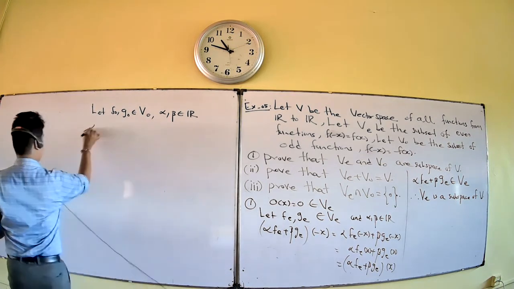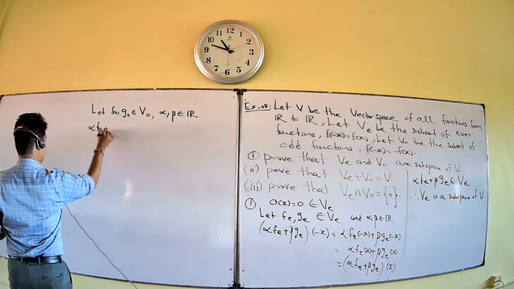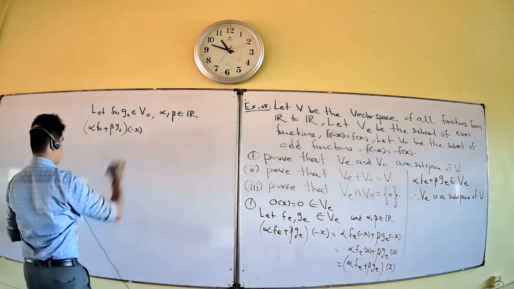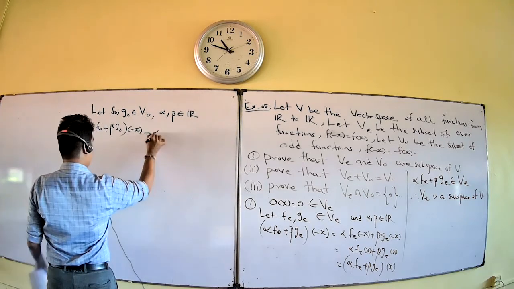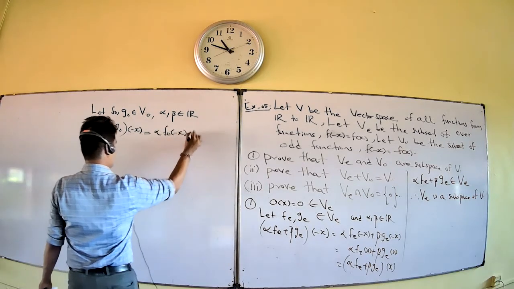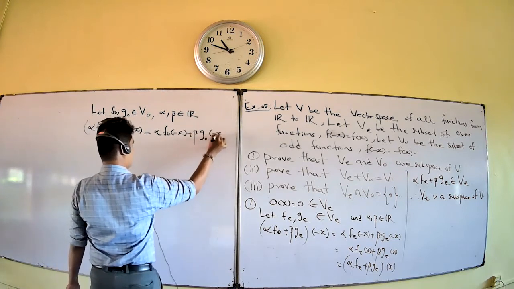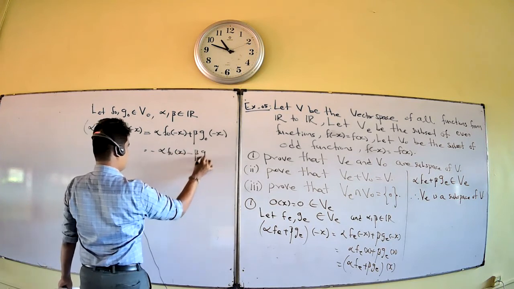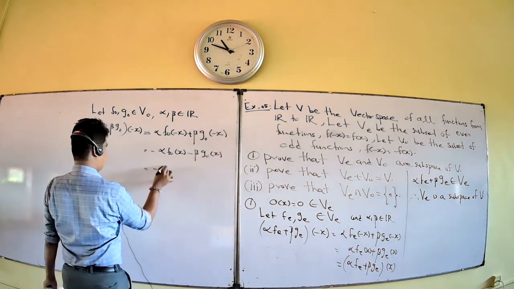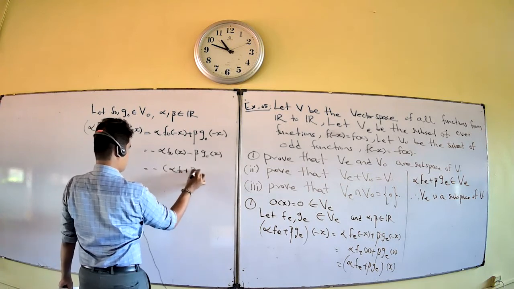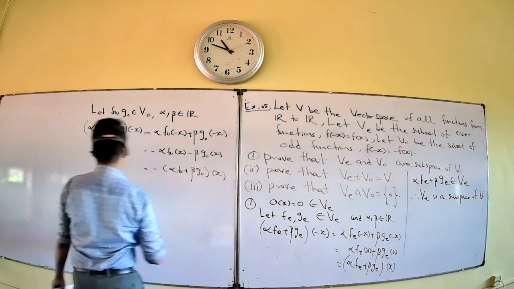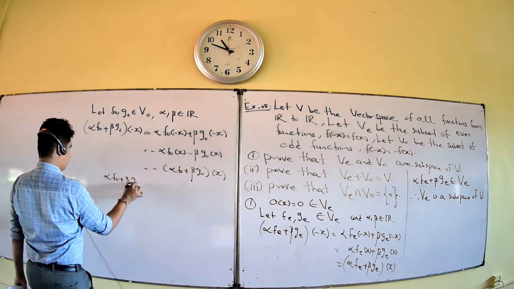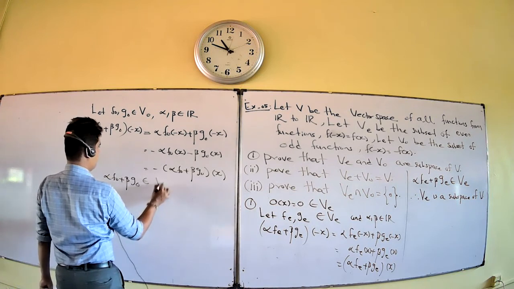So alpha f_0 + beta g_0 of minus x equals alpha f_0 of minus x + beta g_0 of minus x, which is minus alpha f_0 of x minus beta g_0 of x. So minus of alpha f_0 + beta g_0 of x. So this alpha f_0 + beta g_0 belongs to V_0.